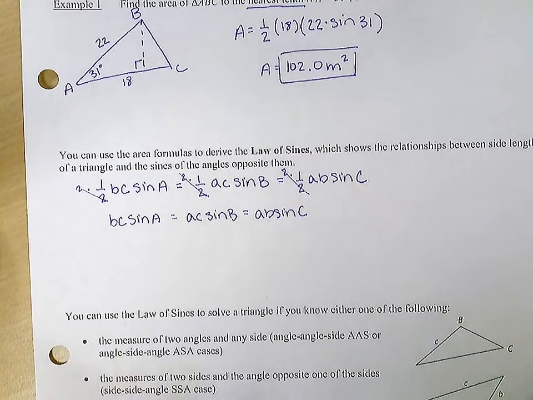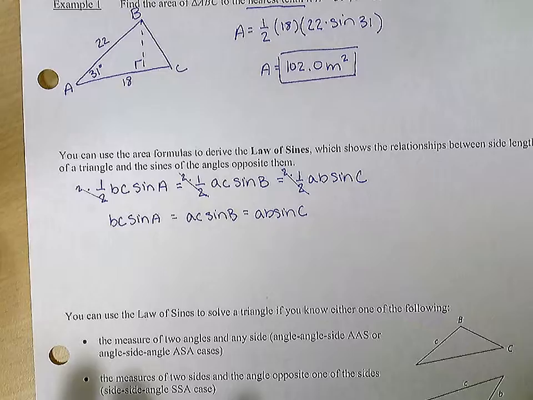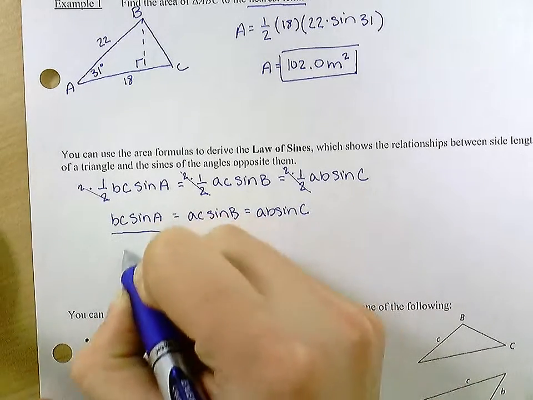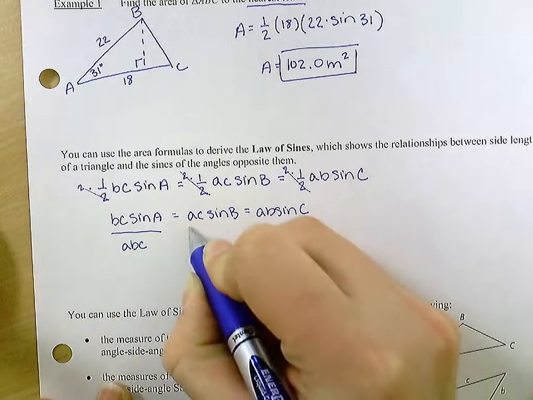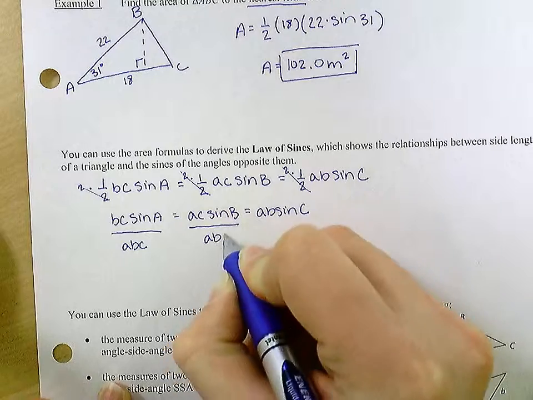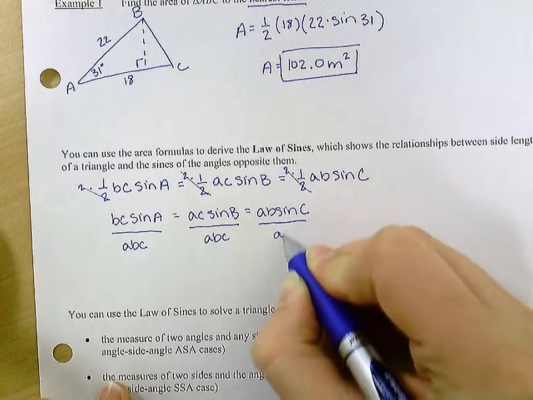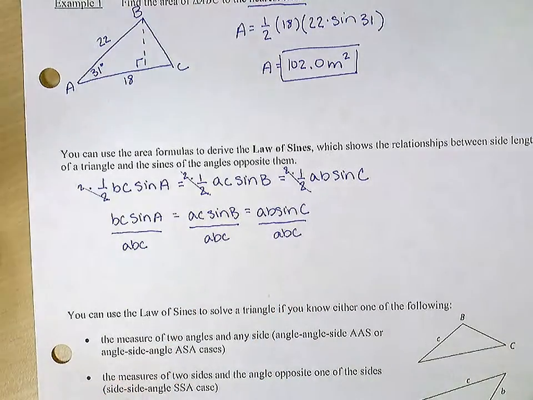Okay, from here I'm going to divide all 3 of these by ABC, because I'm solving each of these for sine of just that angle.